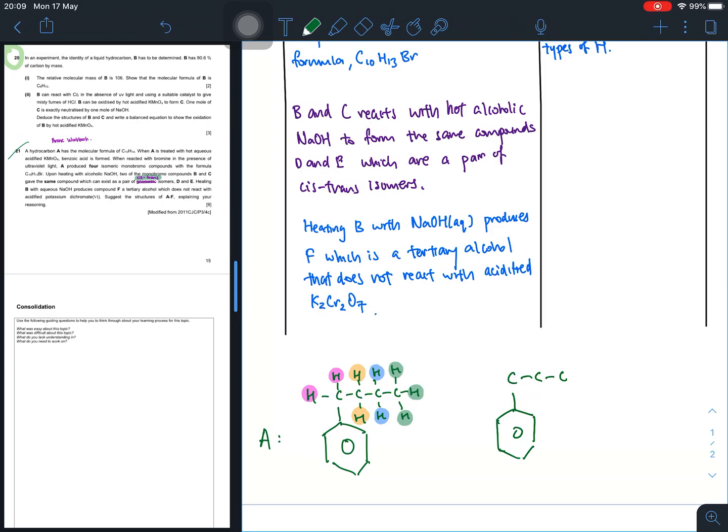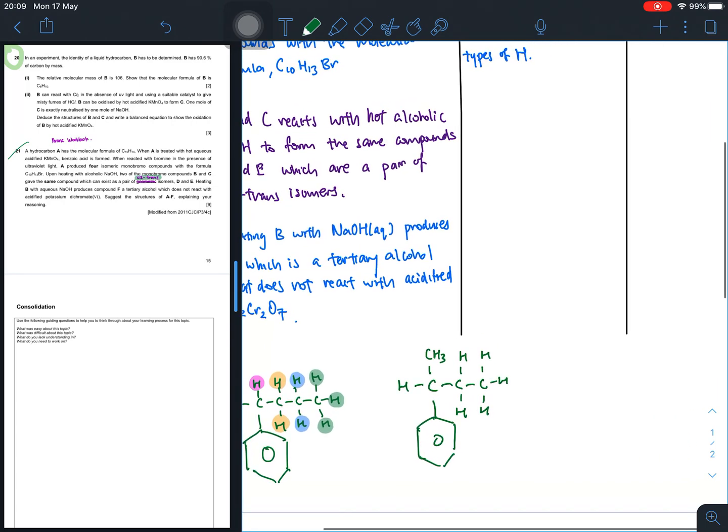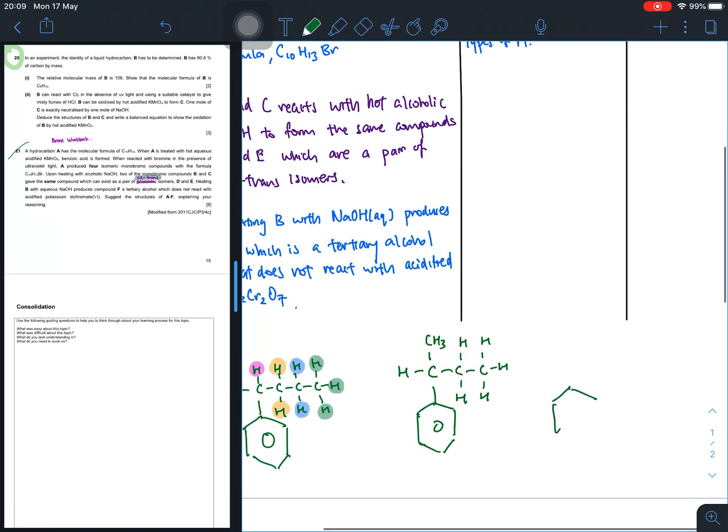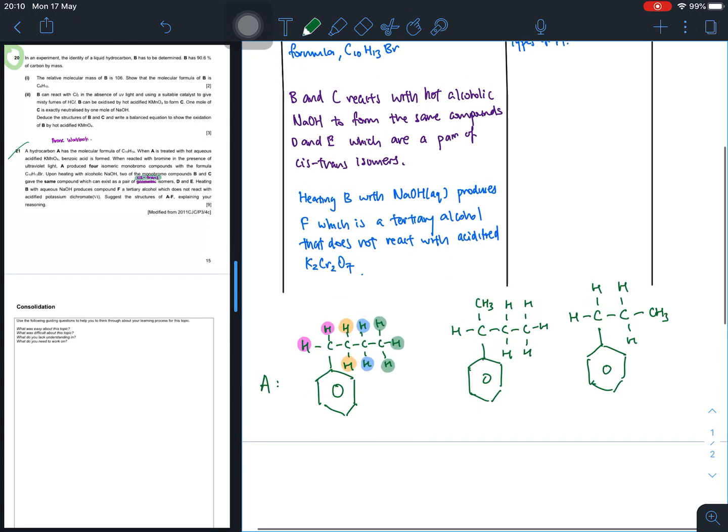The 4th carbon could be somewhere over here, or it could be something like that as well, etc. So as long as you do the different branching of the side chain, these are all possible.